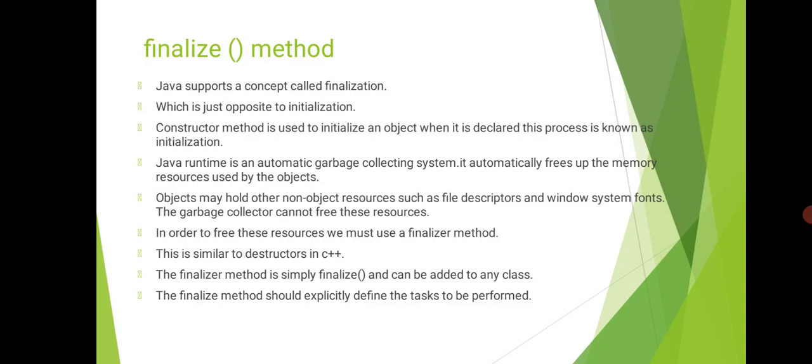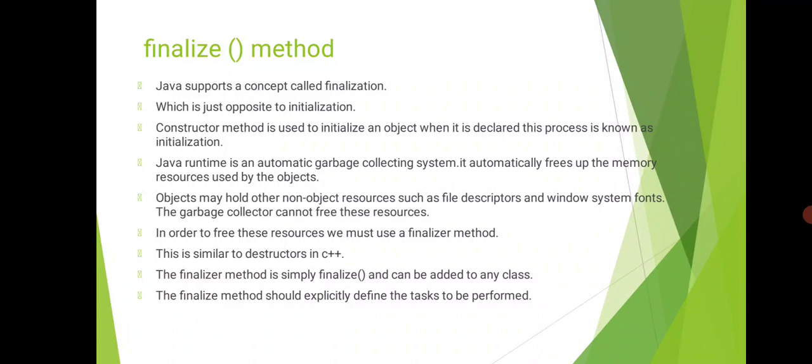These are objects which cannot be deleted by the garbage collector heap, and these resources cannot be automatically freed by the garbage collector. So these objects should be forcibly freed or destroyed from the memory using a finalizer method. In order to free these resources we must use the finalizer method, okay?